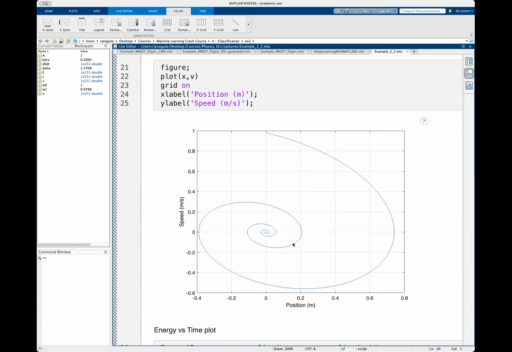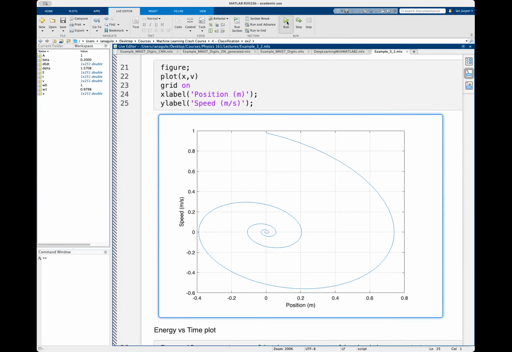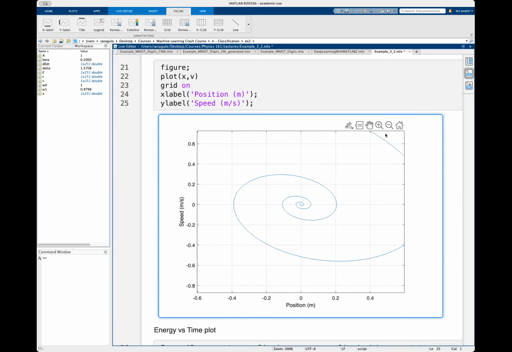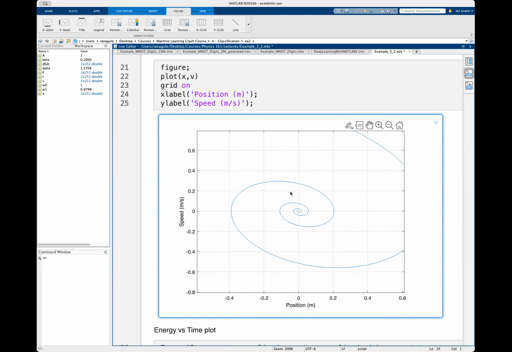Okay, dito sa phase plot, let's see, increase natin konti yun. Kailangan ko atang i-run. Okay, ayaw siya zoom.